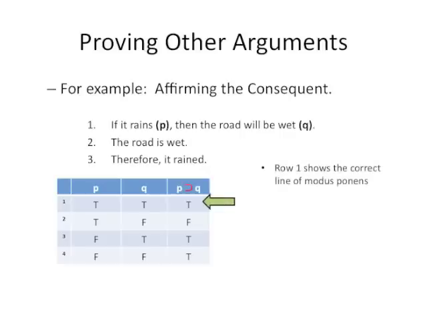And if you look at the other line, row 4, where you deny the consequent, you can deny the antecedent. Right? So that was modus tollens.